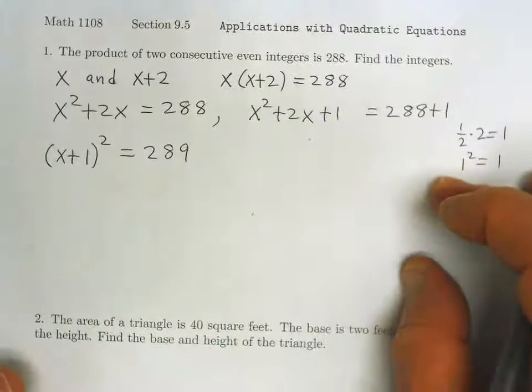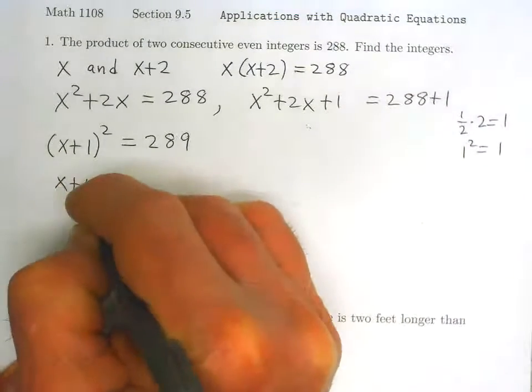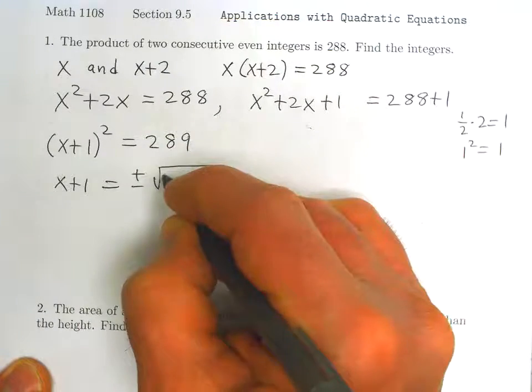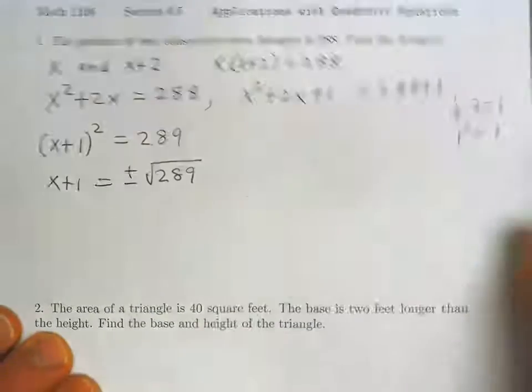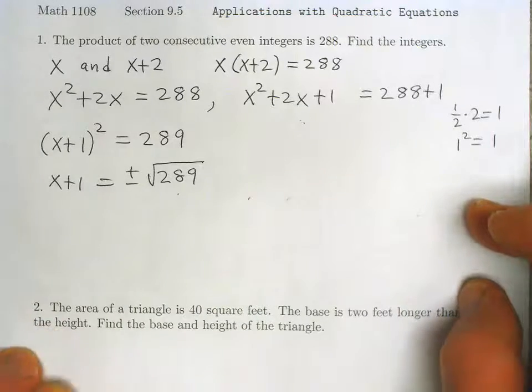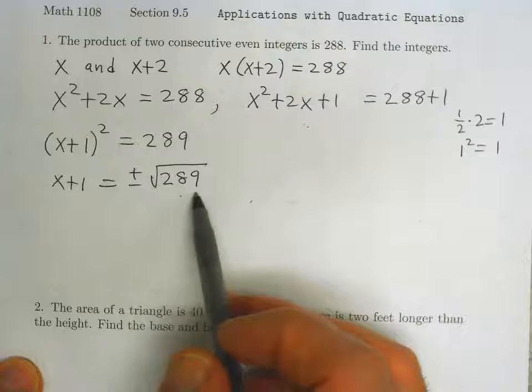And then we can apply the square root property. So x plus 1 is equal to positive and negative square root of 289. And the square root of 289 is just 17. 289 is a perfect square.